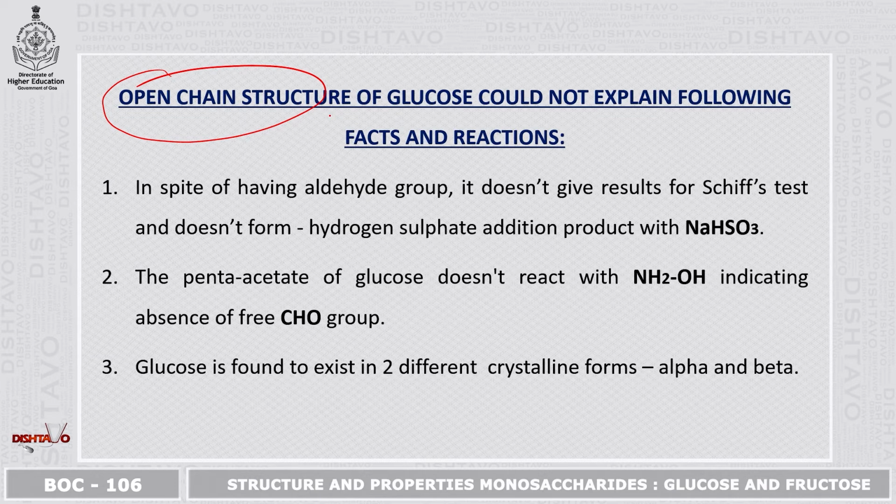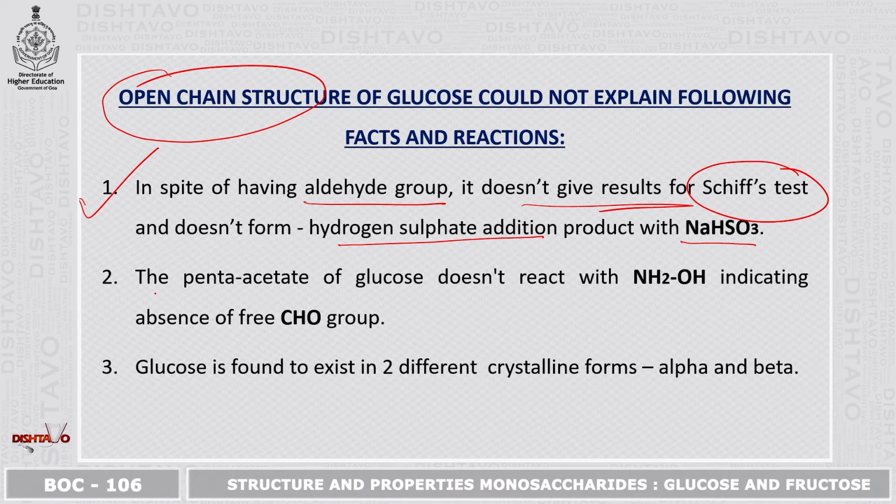It could not explain the following facts or the reactions. Okay, let us see which are the ones. So the first one: in spite of having an aldehyde group, it does not give results for certain tests such as Schiff's test, and it doesn't form hydrogen sulfite addition product with NaHSO3, sodium bisulfite.